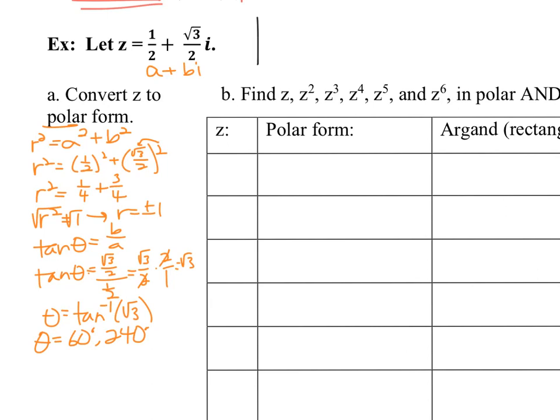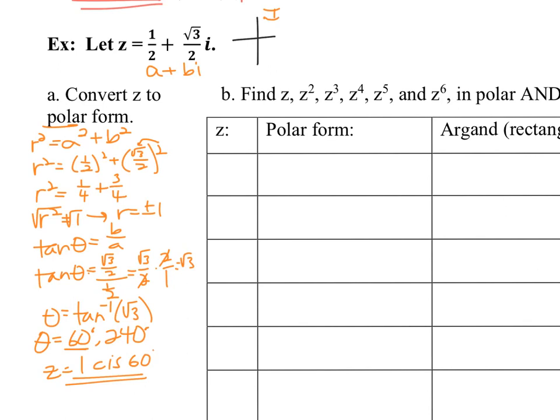If we were to draw a quick sketch of where that puts us, 1/2 to the right, up square root 3 over 2, would be somewhere in quadrant 1. Making 60 degrees the correct angle location for our polar coordinate. That makes z in polar form 1 CIS 60 degrees.